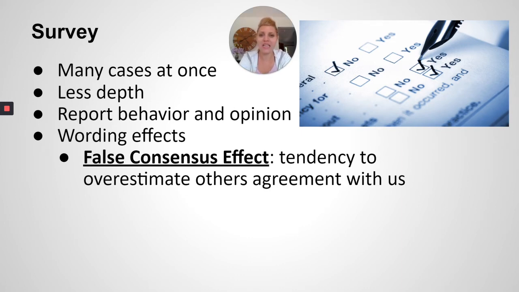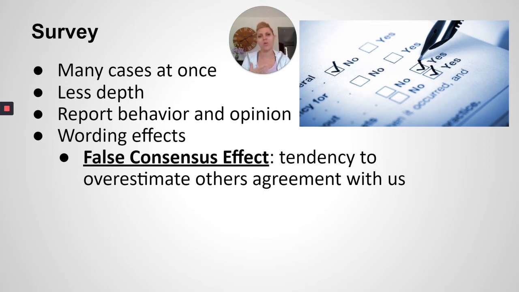The other thing is that as humans, we don't like being wrong. And because we don't like being wrong, we often overestimate how much people agree with us because we can't imagine ourselves being wrong. So sometimes, especially when we're responding to surveys, we don't respond accurately because we think this is how everybody else feels.